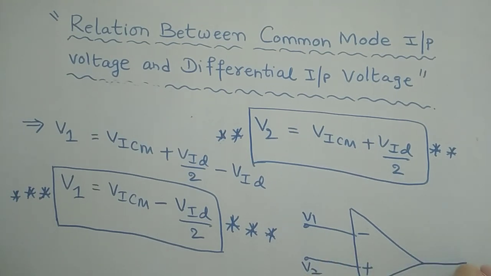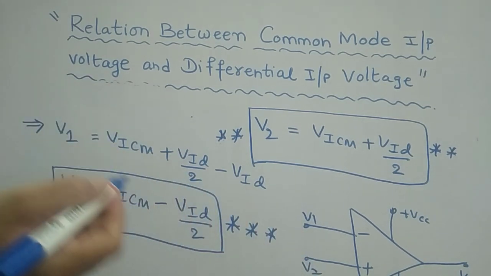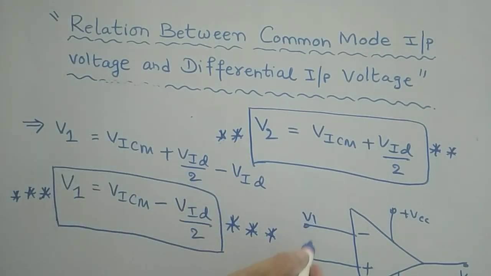This is your output Vo, obviously plus VCC, and then minus VCC, right? Now I have derived the expressions for V1 and V2, the values of V1 and V2 in terms of the differential input as well as the common mode input voltage.